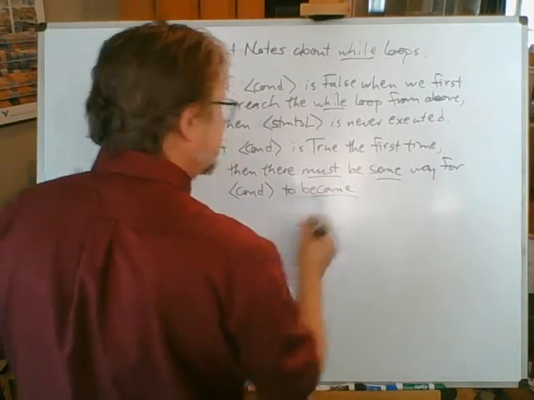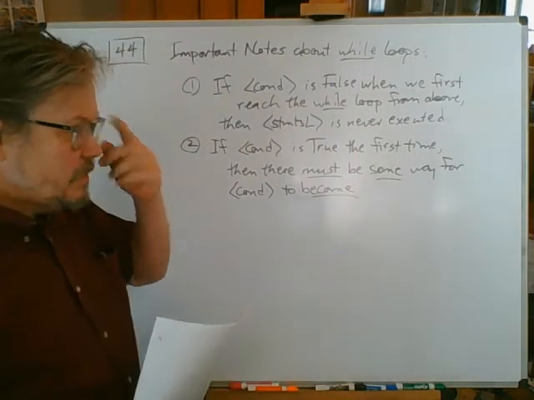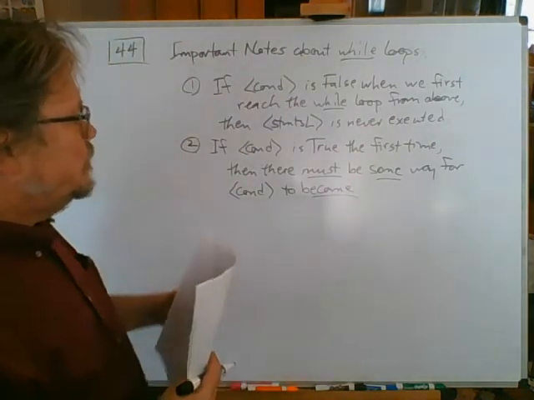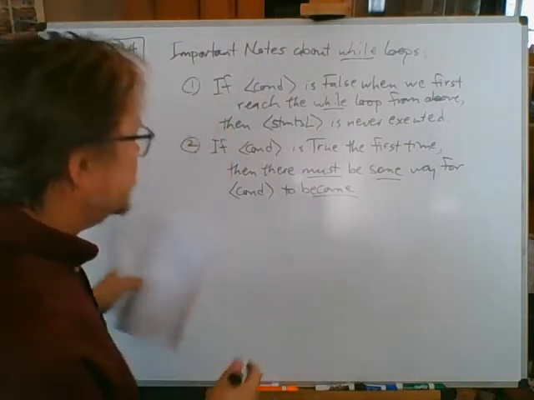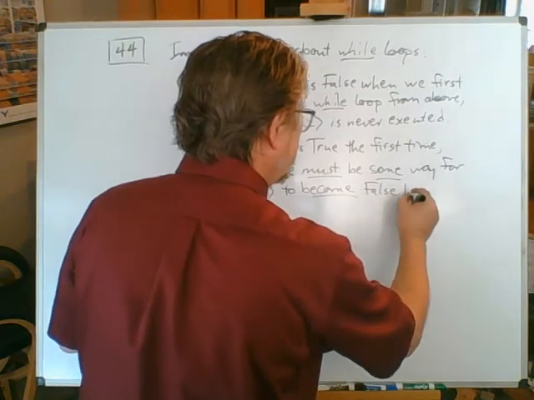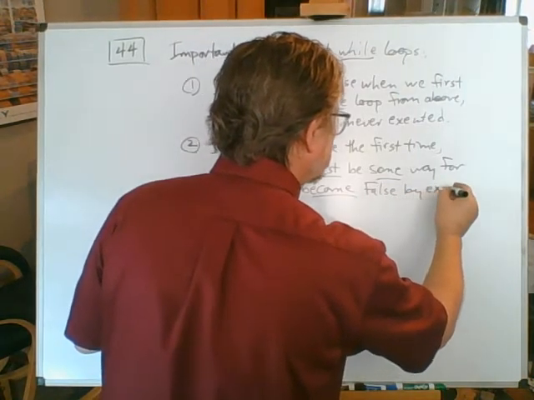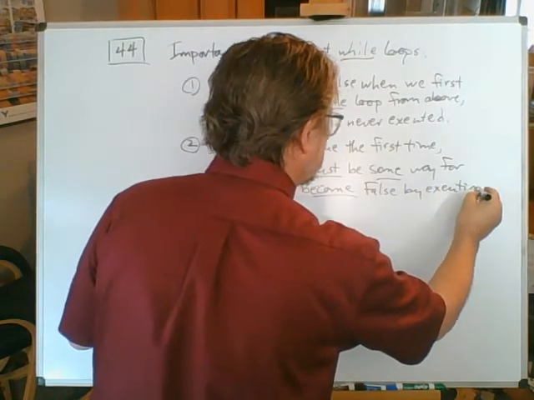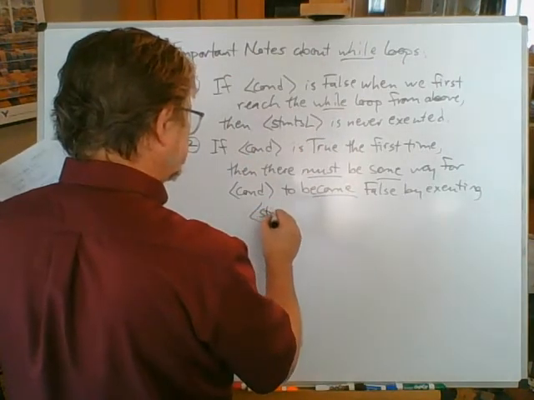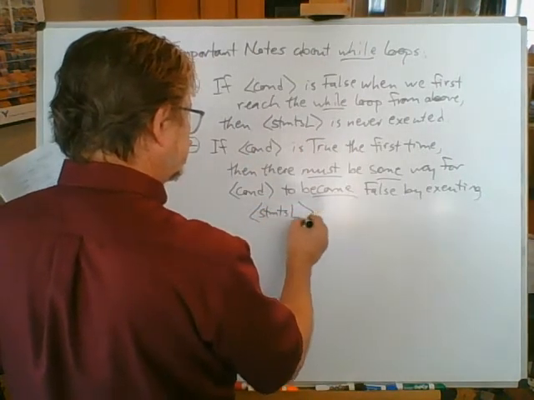Man, all these emphasized words. You underline everything, it's like nothing's underlined. If condition is true the first time, then there must be some way for condition to become false by executing statements L. Period.